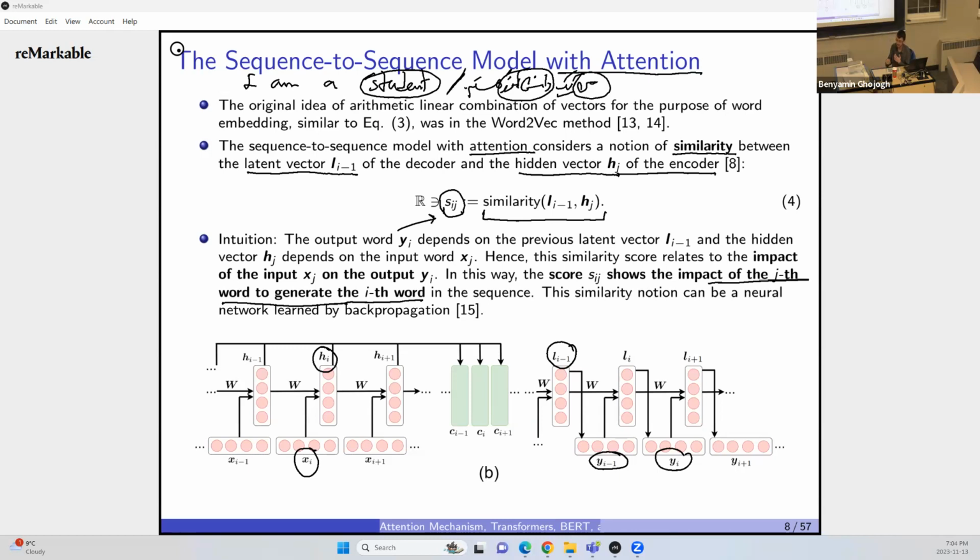An example is where our input is a sentence in English, and the output is a sentence in Persian, which is translated. The corresponding words in the two languages attend to each other more. So we can find out the similarity or attention between the output words and the input words, right?